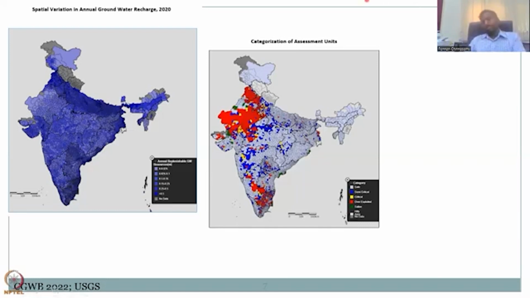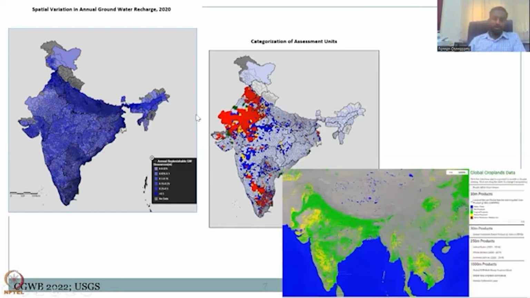Now, as a remote sensing and groundwater specialist, if you ask me, I will quickly make some maps and then compare them. If you just visually compare, you can see that where the recharge is happening, there's good agriculture happening, right? So you can say, okay, there is recharge, and the green color resembles your rain-fed irrigation, whereas your irrigated cropland is in green and light green.